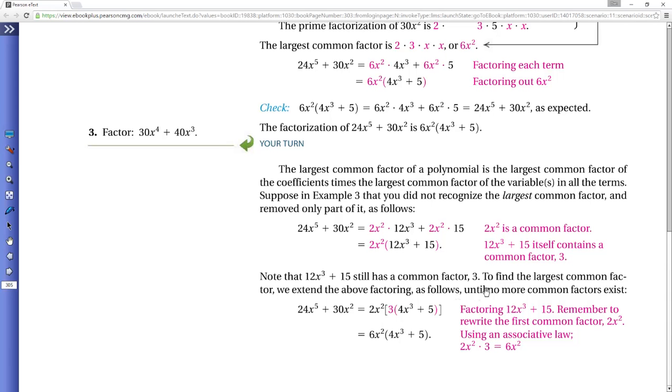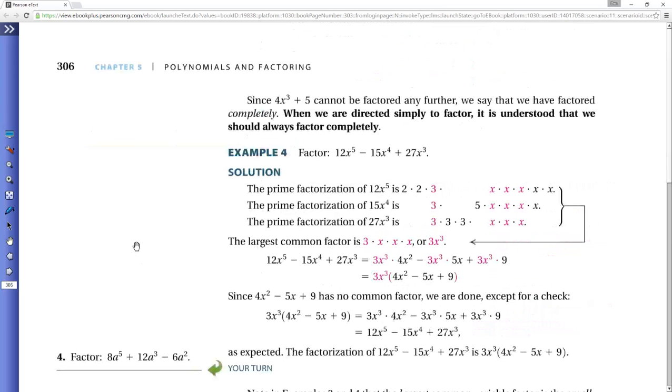If you use prime factorization, this should not be happening to you. That's why I like prime factorization methods: you're probably going to save steps, which also saves you chances for error in math. So it's a good way to go, to start with prime factorization. And again, they show us another example with more than two terms in the expression. And then they talk about this not being factored any further.